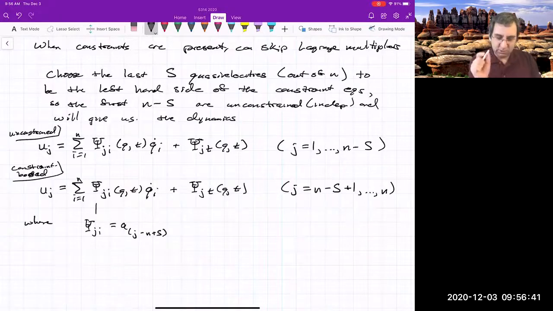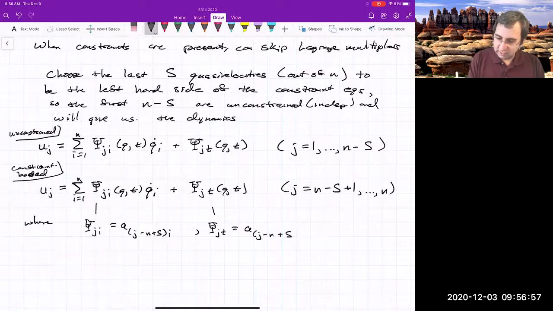A had, I think, 2 subscripts. So this is the first one, and then this is the second one. And psi jt equals a, j minus n plus s, t.